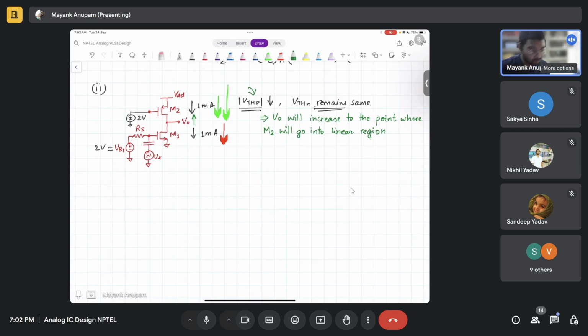The moment M2 goes into the linear region, the current that M2 is supplying is not only dependent upon the VSG of M2, but it also starts depending upon the VSD of M2, the drain voltage. So after that, if the drain voltage increases, the current will start decreasing.